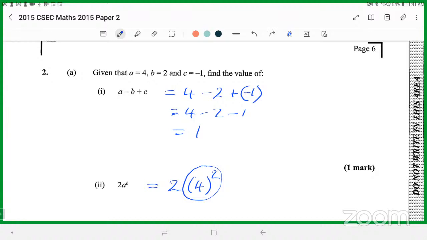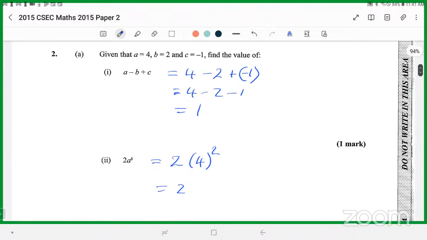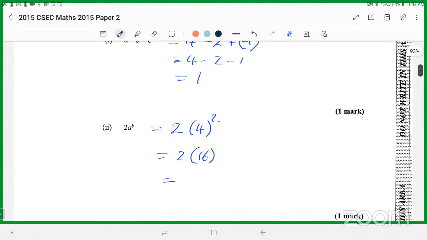In the BODMAS system, you have to work out powers first. I usually tell the students P BODMAS, in other words, the powers first. So work out the squared first, and then you would get 2 times 16, as 4 squared is 16. Then 2 times 16 is 32.